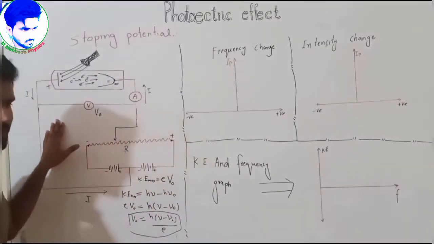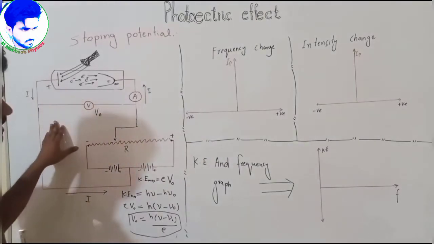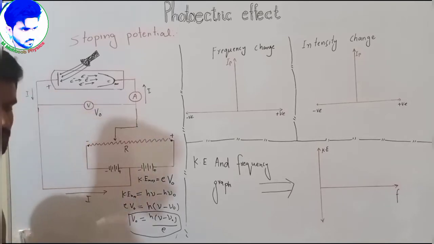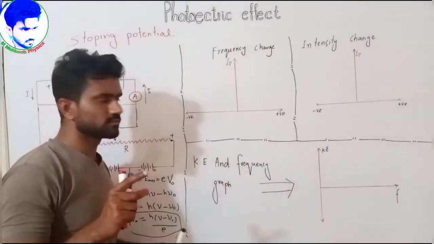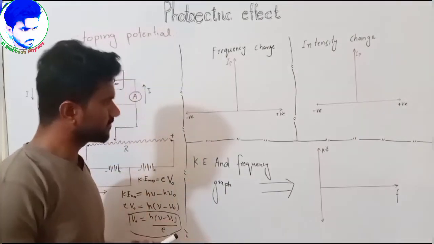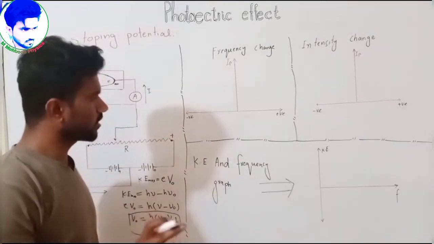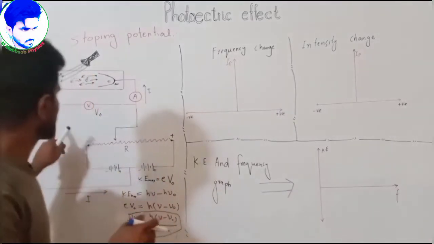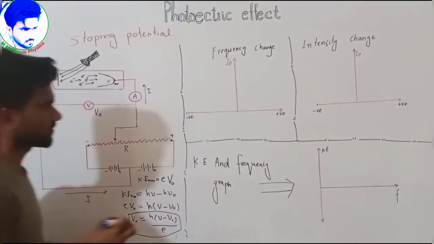But the experiment shows that only at a particular frequency can the photoelectric effect occur. Let's suppose we have two light waves of two different frequencies. One of them has the lower frequency, and the other light has the greater frequency.